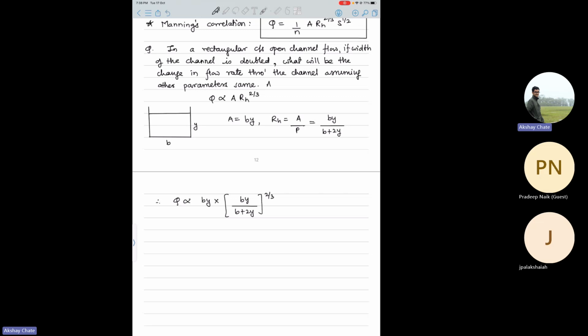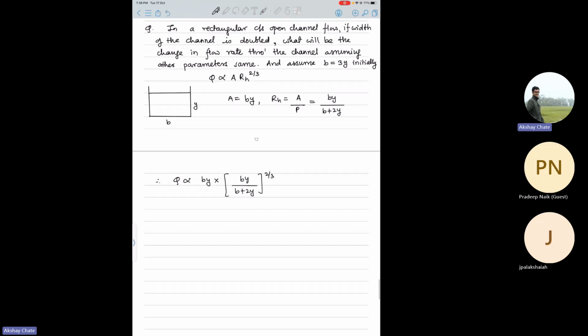Let's say, and assume b is 3 times y, so the width of the channel is 3 times your depth of the channel, and that is initially. So before increasing the width of the channel, your depth was 1/3 of the width. So basically that will simplify this problem.